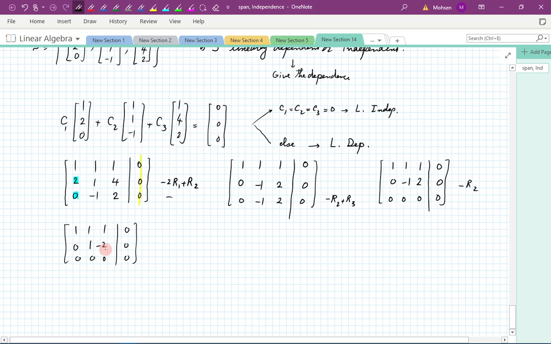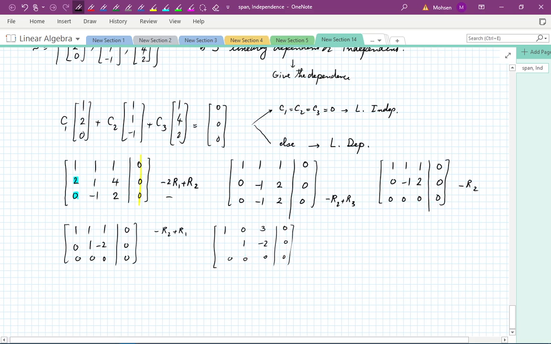Let's continue. I do minus row 2 plus row 1, so this becomes 1, 0, this becomes 3, 0, 1, minus 2, 0, 0, 0, 0, 0. Again, notice that it's just 0 on the right hand side.